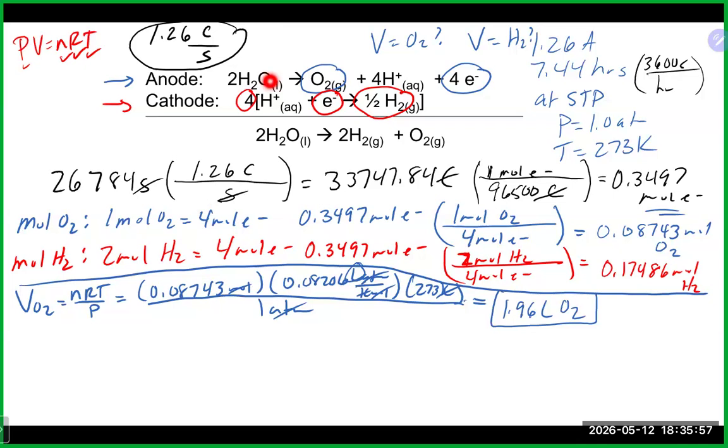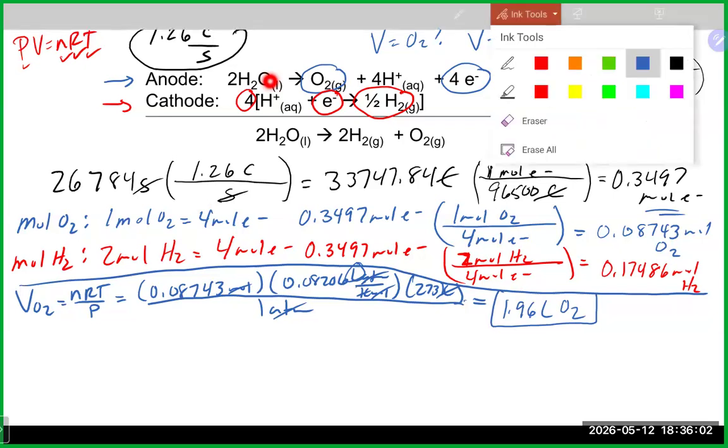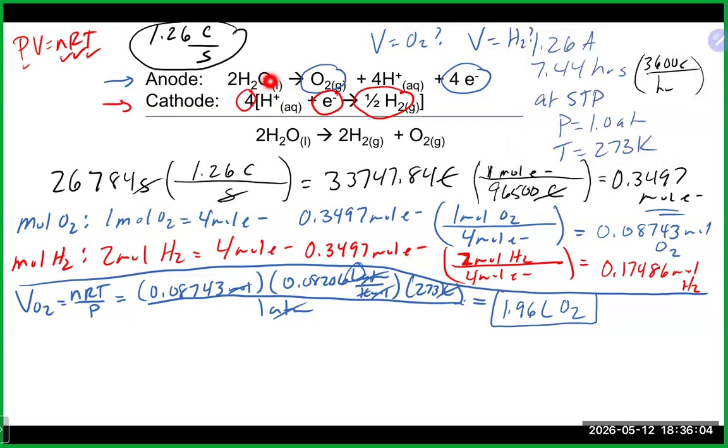We then could basically just do the exact same calculation for hydrogen. The only difference is obviously here we would use hydrogen's moles. So the volume of hydrogen would be, again, our N for our hydrogen, which was 0.17486. Our R, 0.08206.